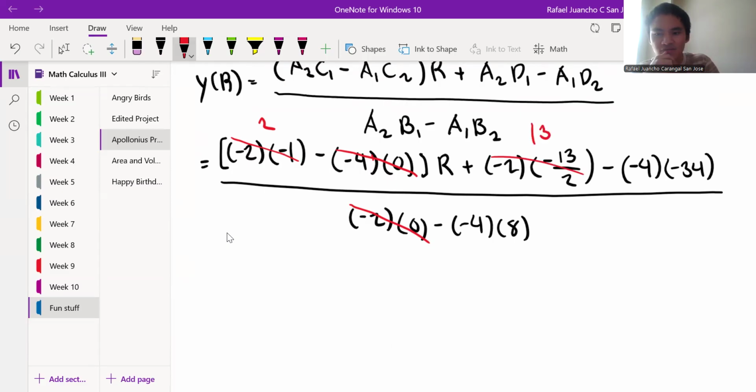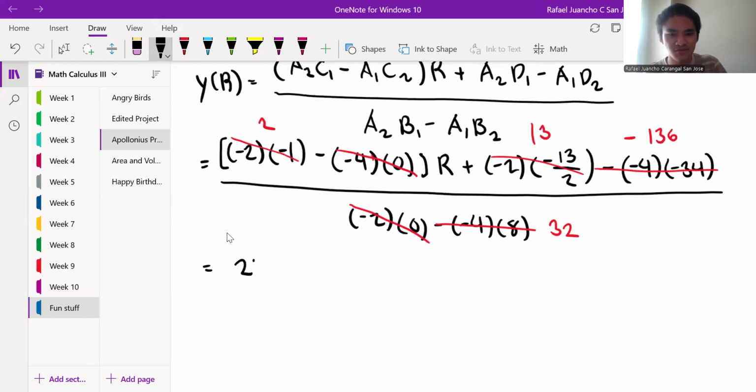This becomes minus something. I think it was 136. And then minus 32, so this becomes positive 32, right?